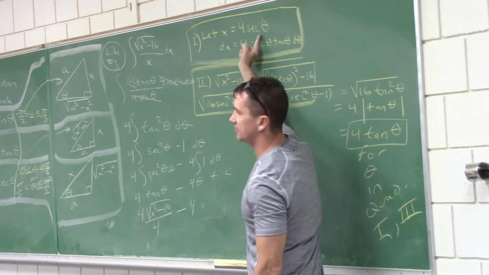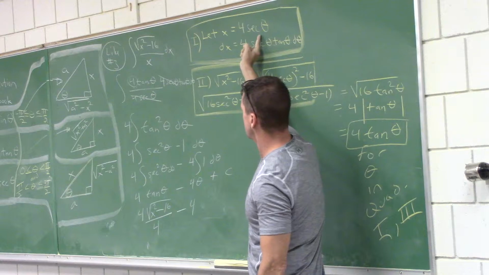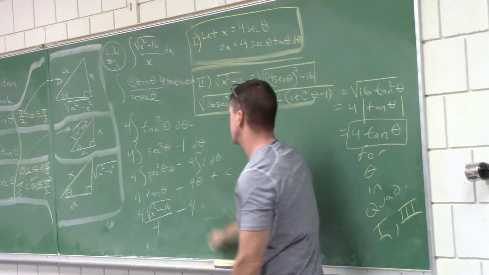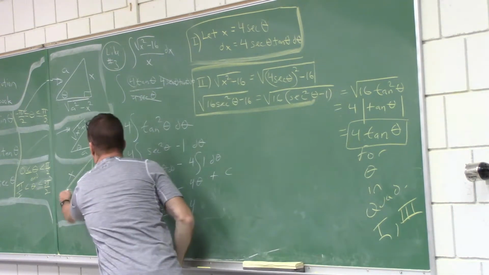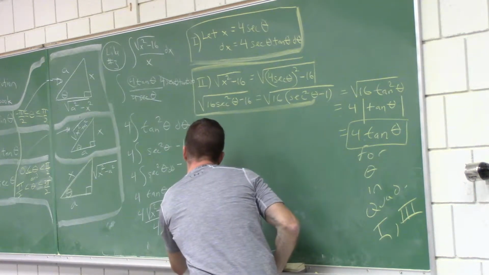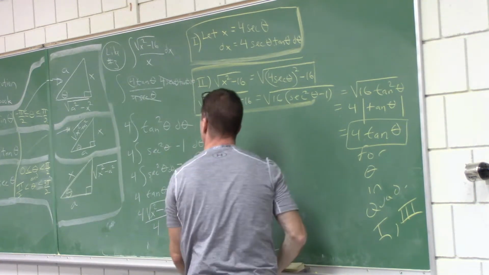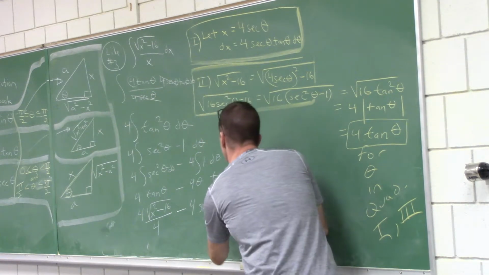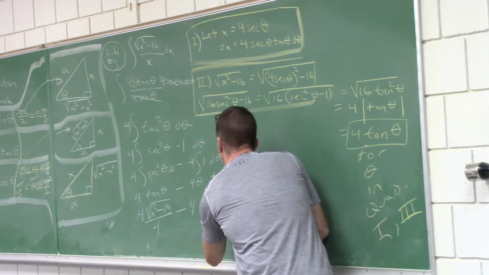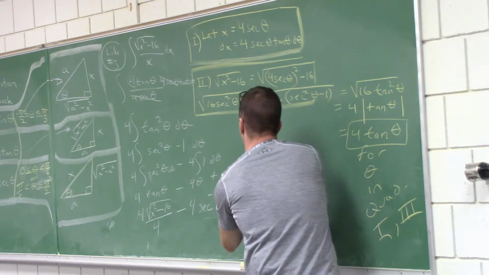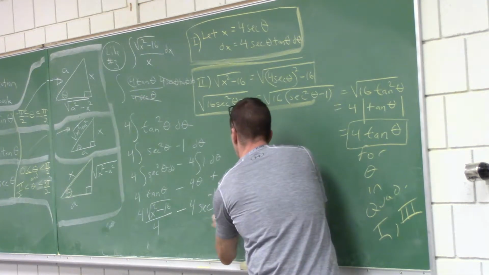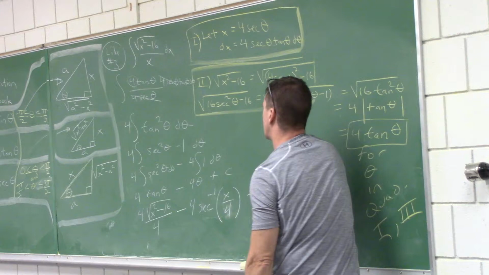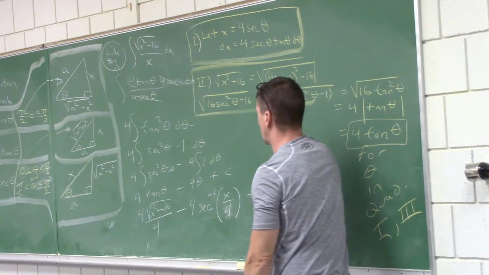Now I'm going to have to use this, so I'm going to think of an inverse trig function. So I'm going to rewrite theta as inverse secant, or arc secant, of x over a. And what was the a? 4. Remember, you can factor out that 4 if you want.